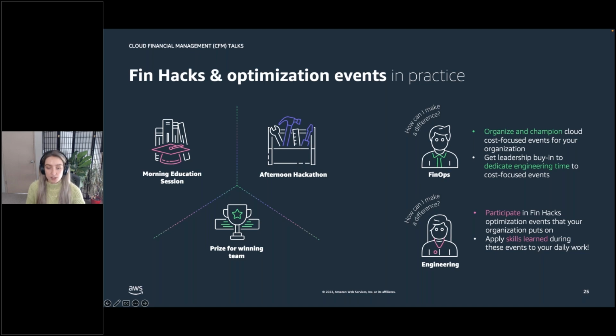And then from an engineering perspective, making sure that you are participating in any FinHacks or optimization events that your organization throws, and then applying those skills to your daily work afterwards is really critical, because that's going to let you take that optimization knowledge into your daily rhythm of business and continue to save as you move forward throughout the year.